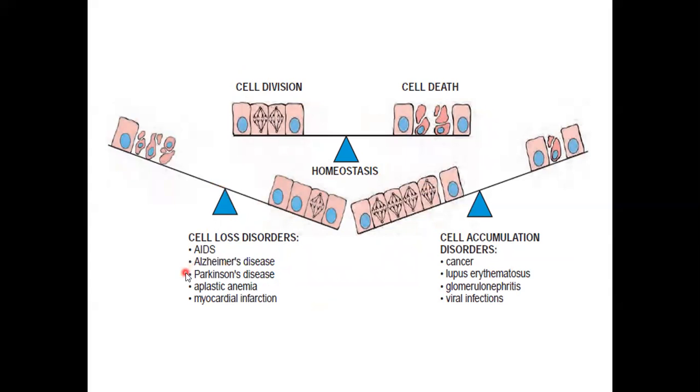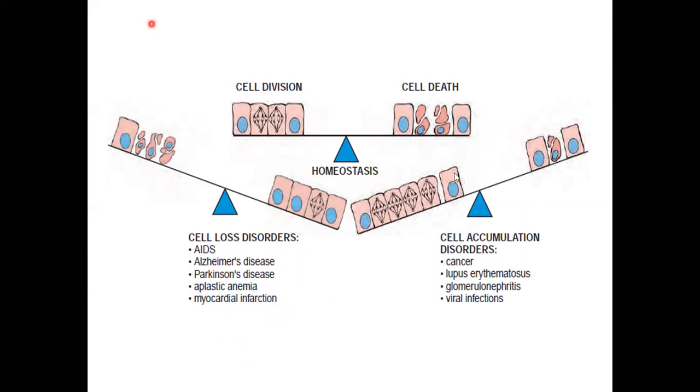Like AIDS, Alzheimer's, Parkinson's, right? That leads to damage of the nervous system cells. Aplastic anemia, problems with your blood cells. And then myocardial infarction, where we get damage to our cardiac muscle cells.